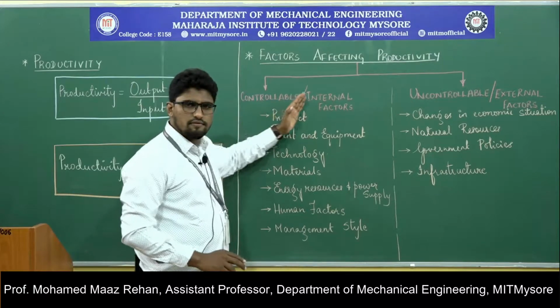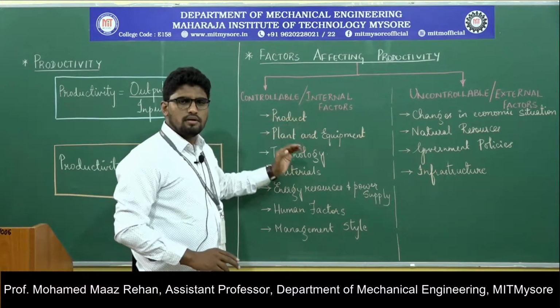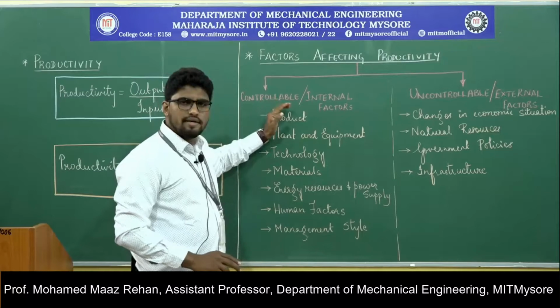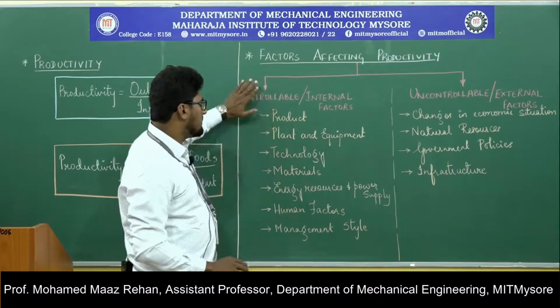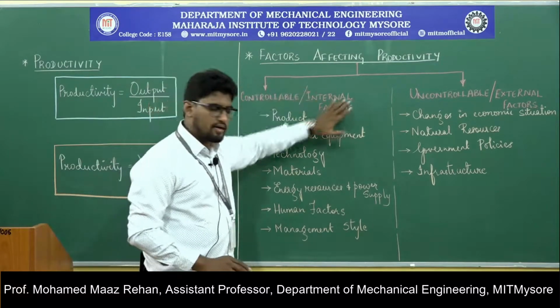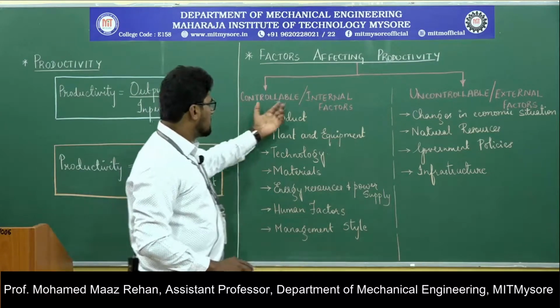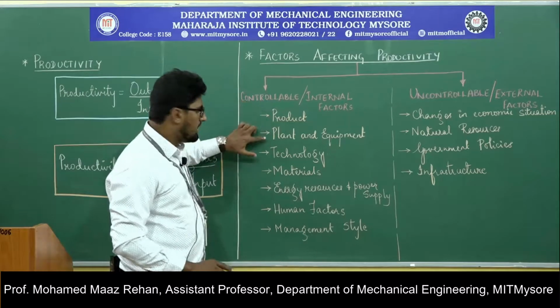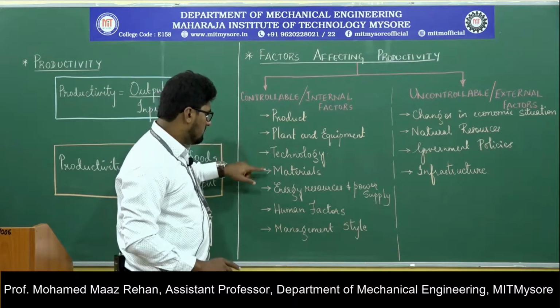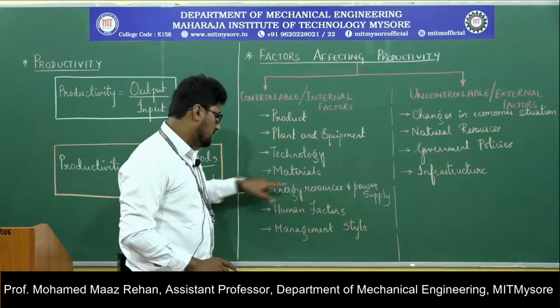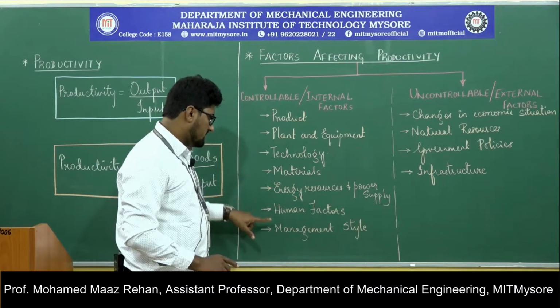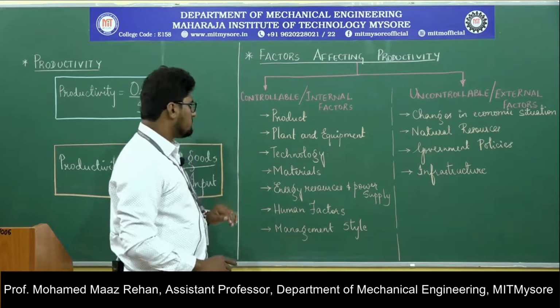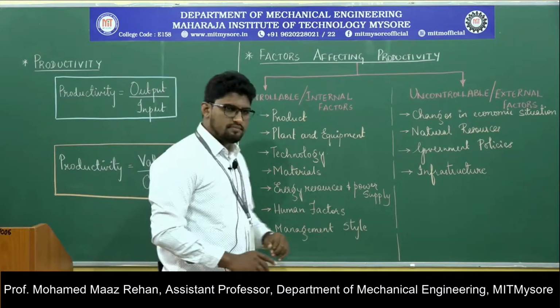Controllable factors are those factors which can be controlled within the organization and that exist within the organization. Which are those controllable or internal factors? First one is product, then plant and equipment, technology, materials, energy resources and power supply, human factors, and management style. We shall discuss one by one.